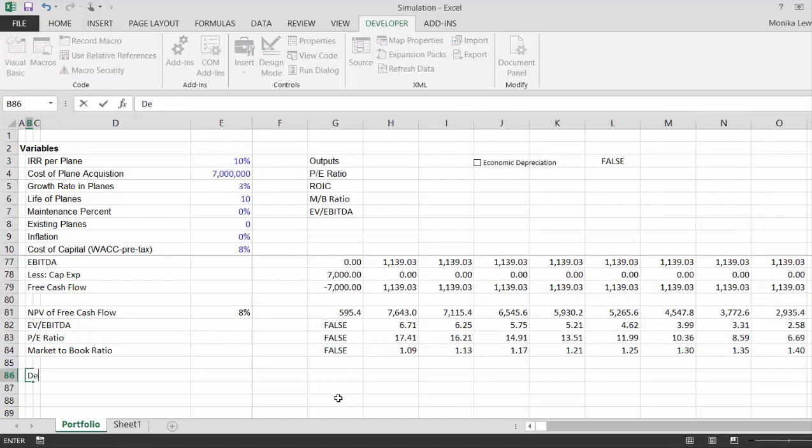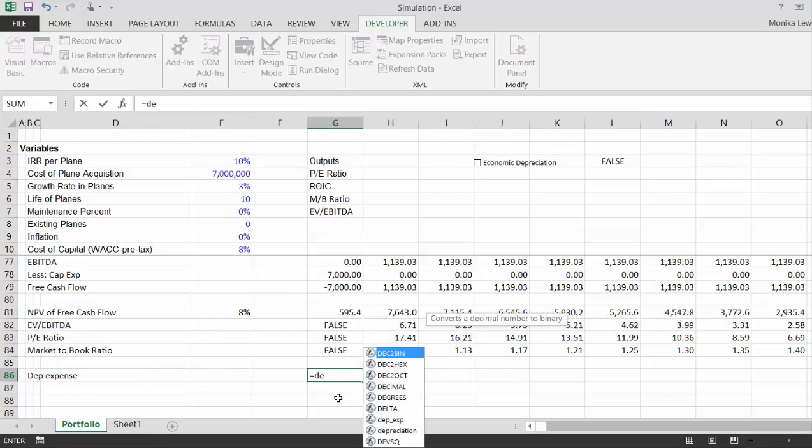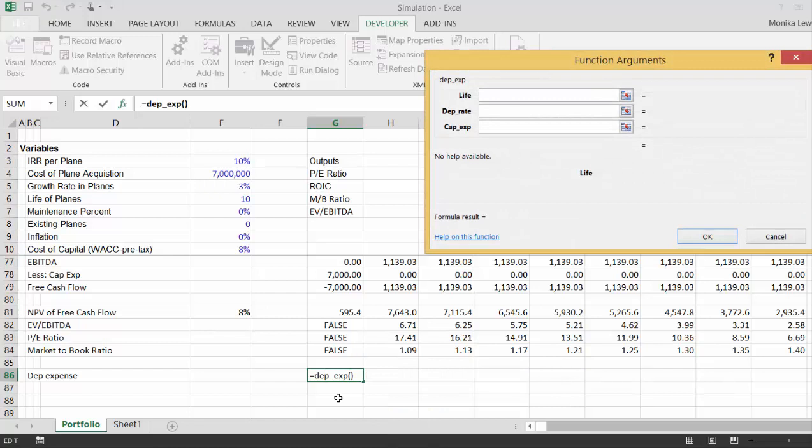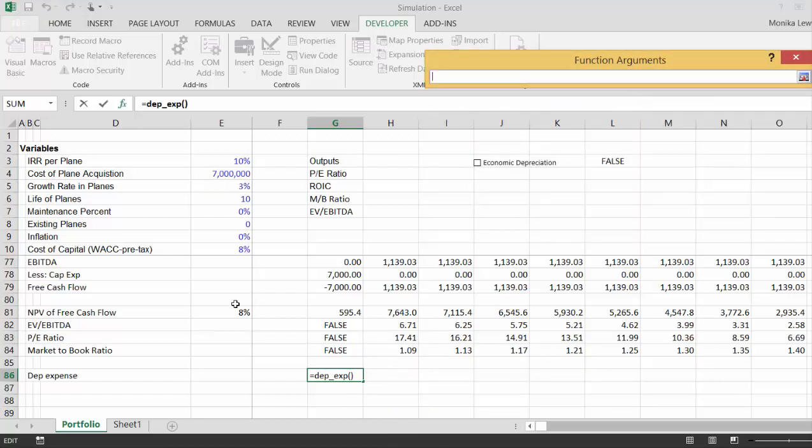And then we can put our depreciation expense. We'll put an equal sign and put DP expense. And Shift F3 gives us what we want to put in.